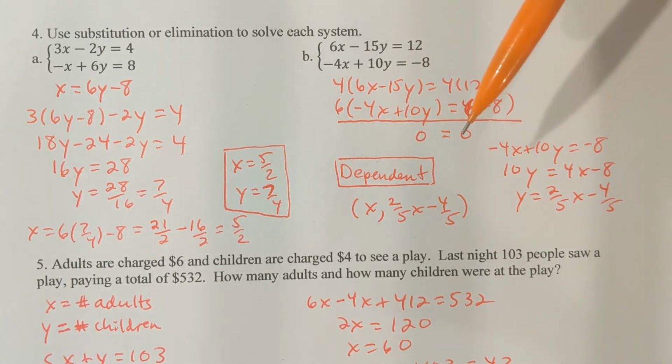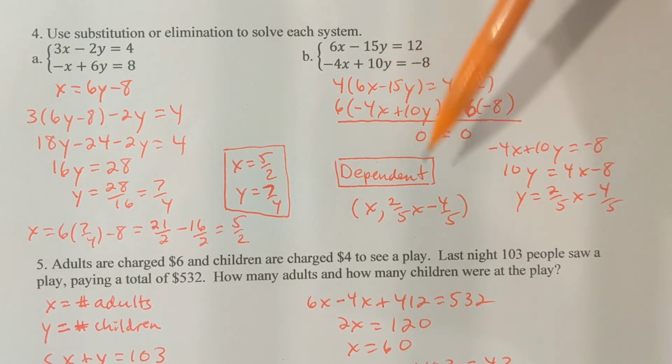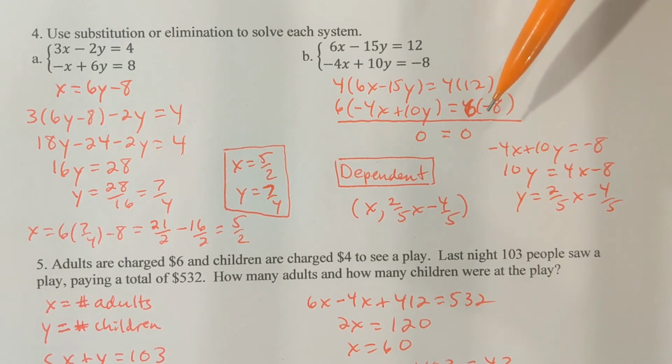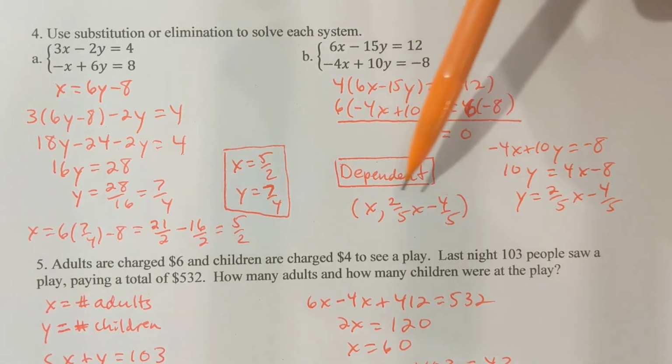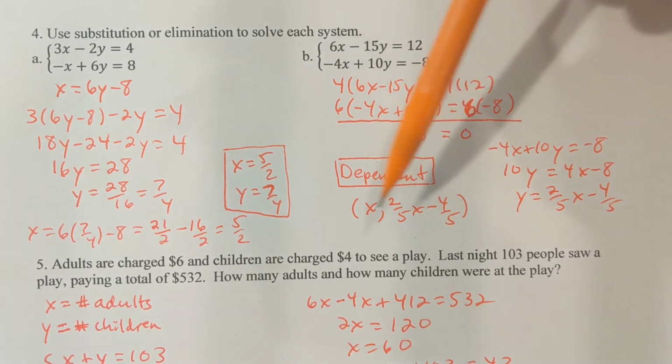In other words, it's not going to matter which ordered pair you go with, because there are infinitely many possibilities, and you'll always get 0 equals 0 if you go through the elimination method here. When you give your answer, you want to write it as an ordered pair (x, y), but everything either has to be in terms of x or everything has to be in terms of y.